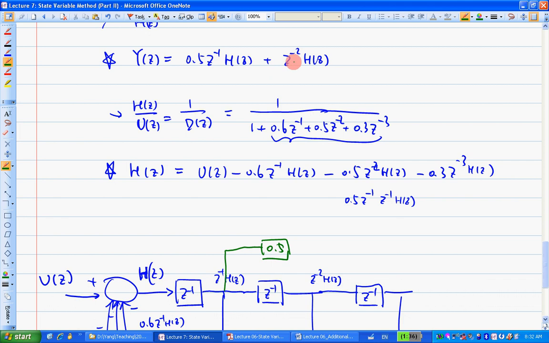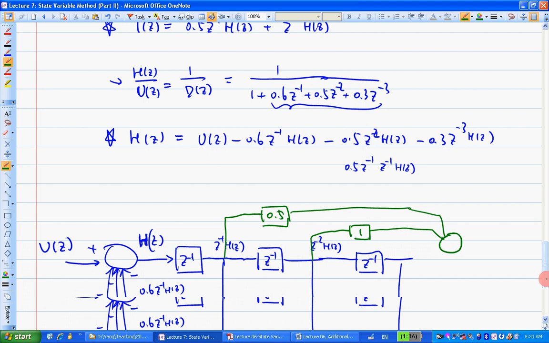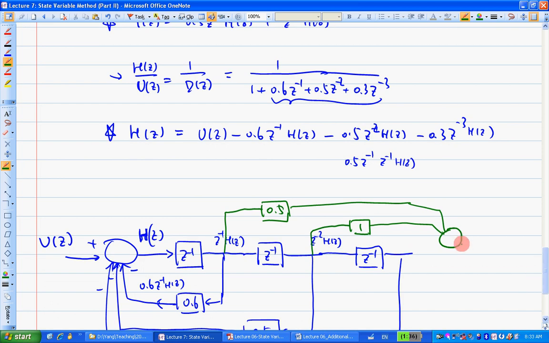And the other one is z^-2 H of z, so there should be a 1 out of this, and the gain is 1. These two together go to a block, and the output of this block is Y of z, both positive here.